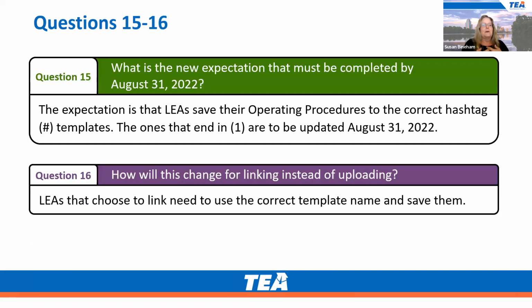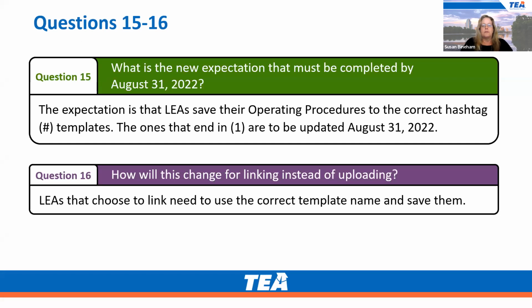What is the new expectation that must be completed by August 31st, 2022? The expectation is that LEAs save their operating procedures to the correct hashtag template, the ones that end in 01. Those are the ones that are to be updated in 2022.